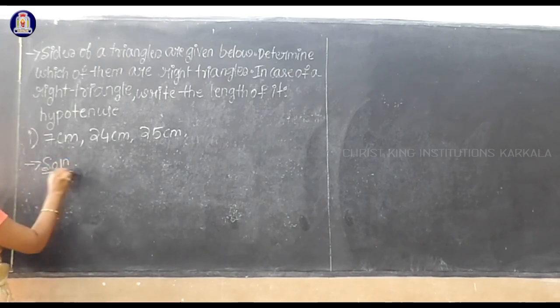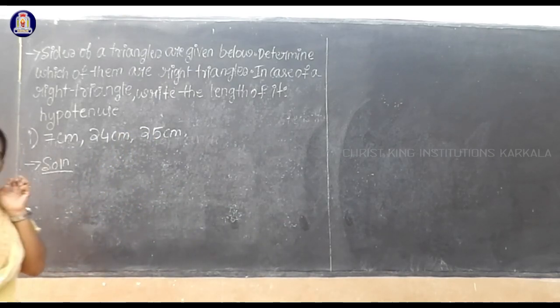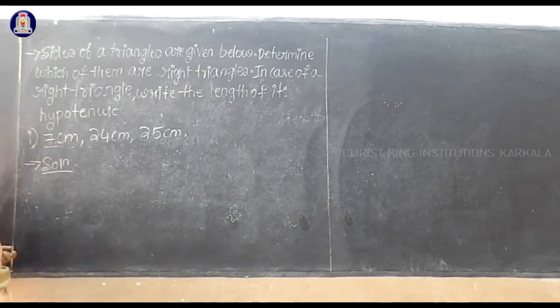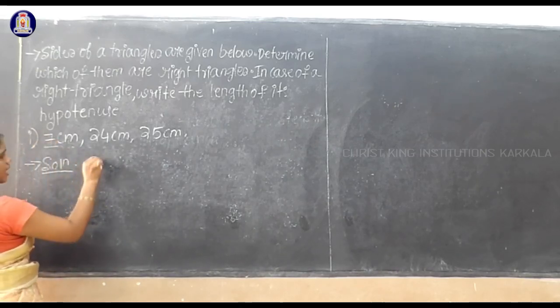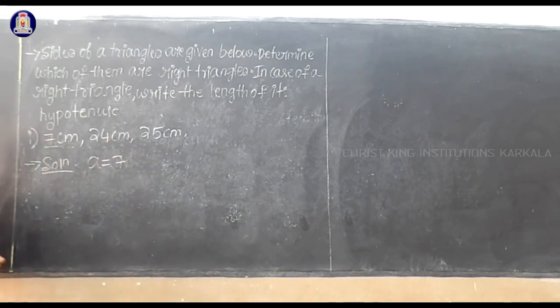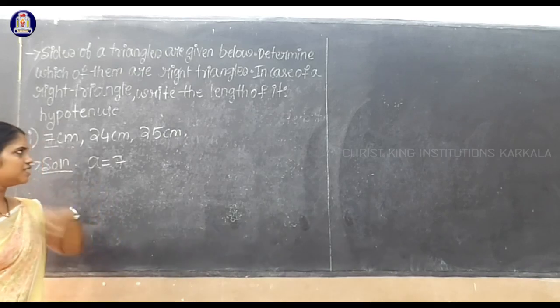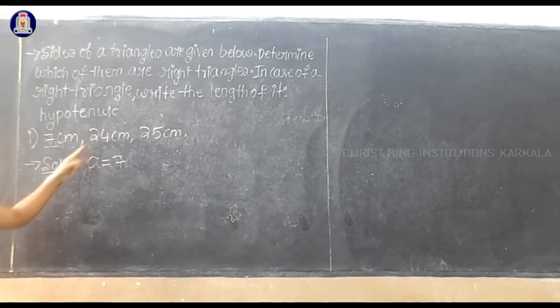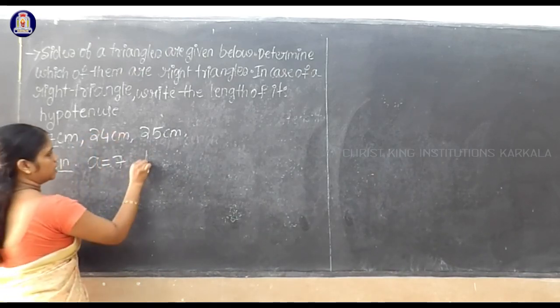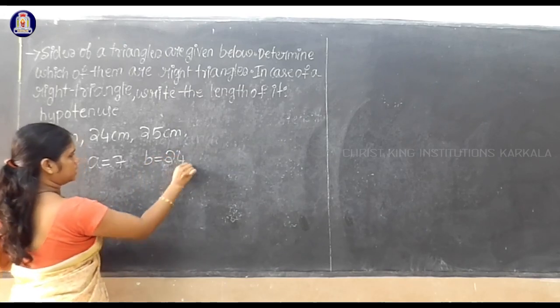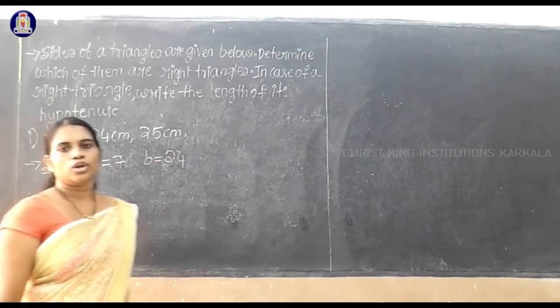See here, among these three numbers, pick the smallest one. Which is the smallest one? That is 7, isn't it? So A is equal to 7. Next, consider the next larger number. Which is the second largest number? That is 24. So B is equal to 24.